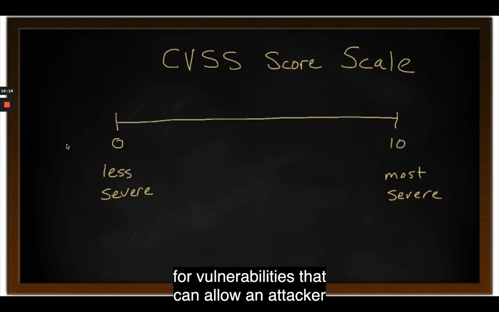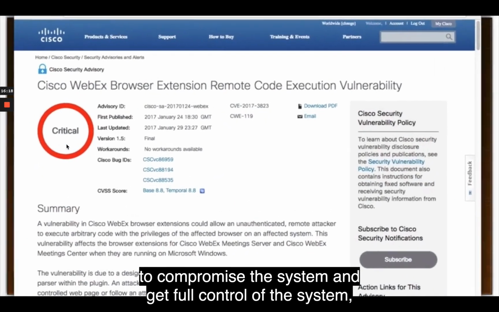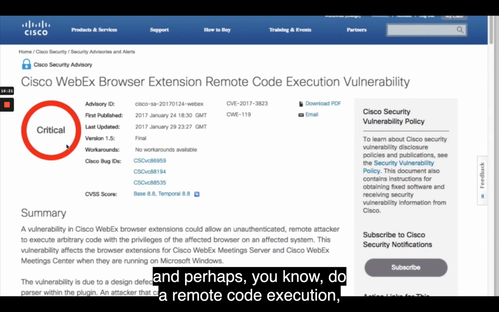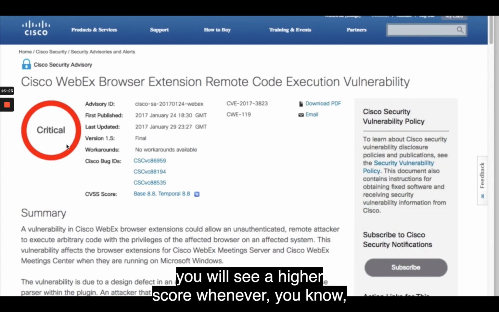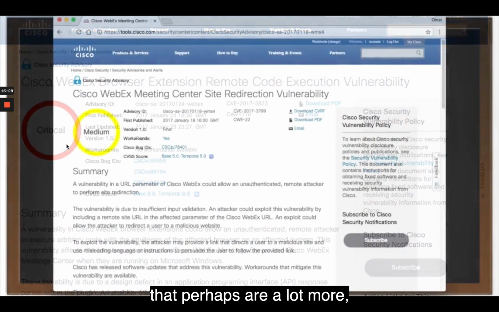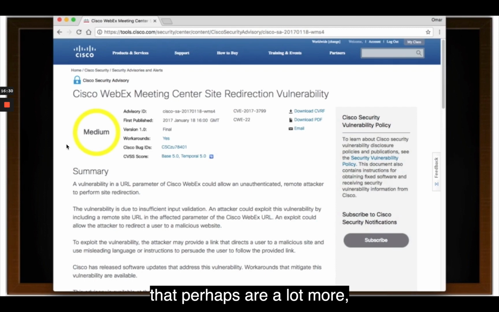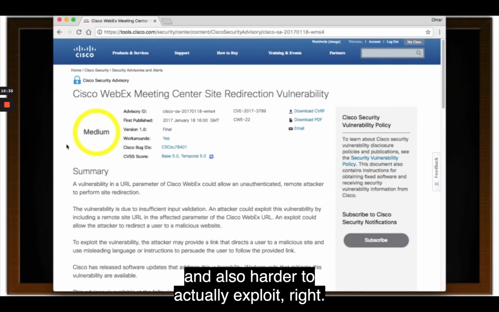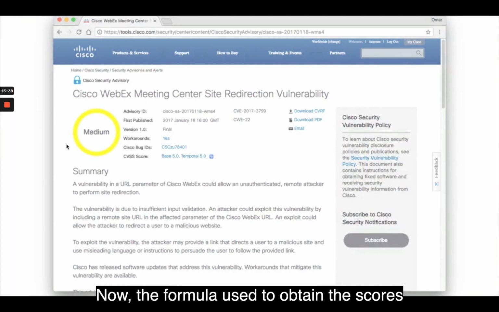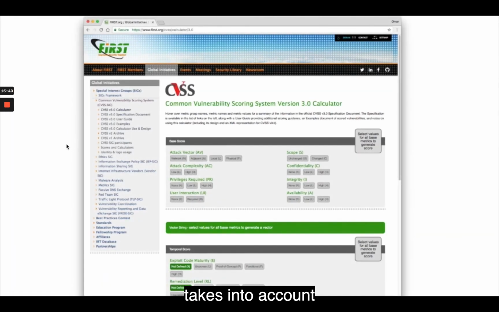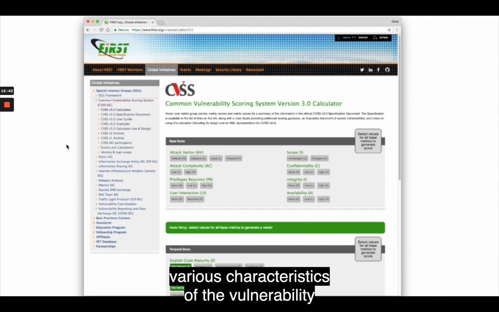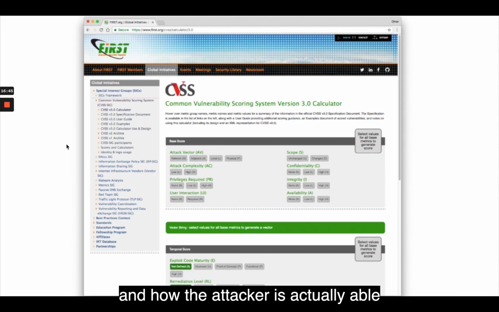For instance, vulnerabilities that can allow an attacker to compromise the system and get full control, and perhaps do remote code execution, will get a higher score compared to vulnerabilities that are a lot less risky and also harder to exploit, right? The formula used to obtain the scores takes into account various characteristics of the vulnerability and how the attacker is able to leverage those characteristics, right?